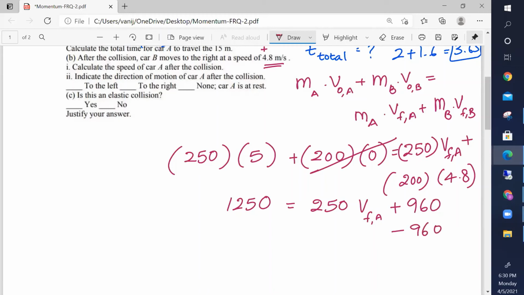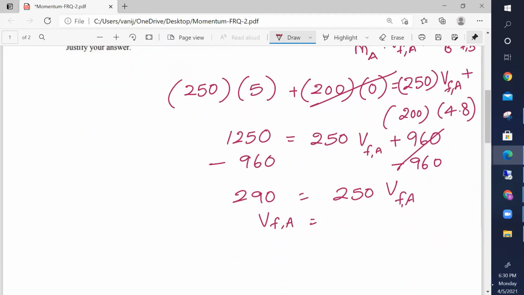I'm going to subtract 960 on both sides. So that goes away, and 1250 minus 960 is 290, which is equal to 250 VFA. So if I want the final velocity of car A, that is simply 290 divided by 250, and that's equal to 1.16 meters per second.